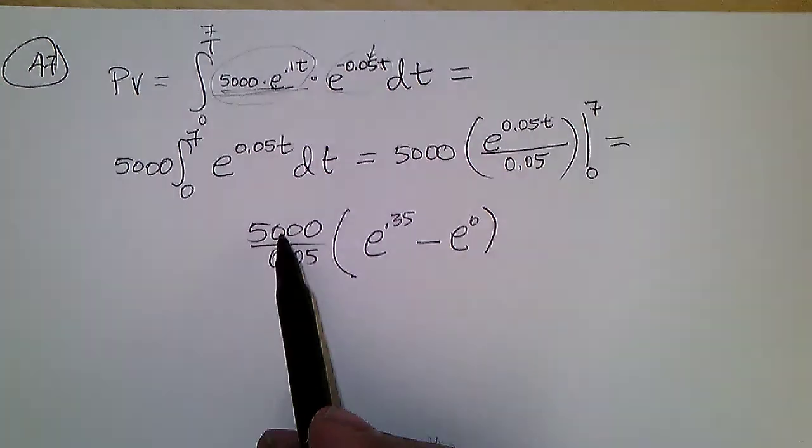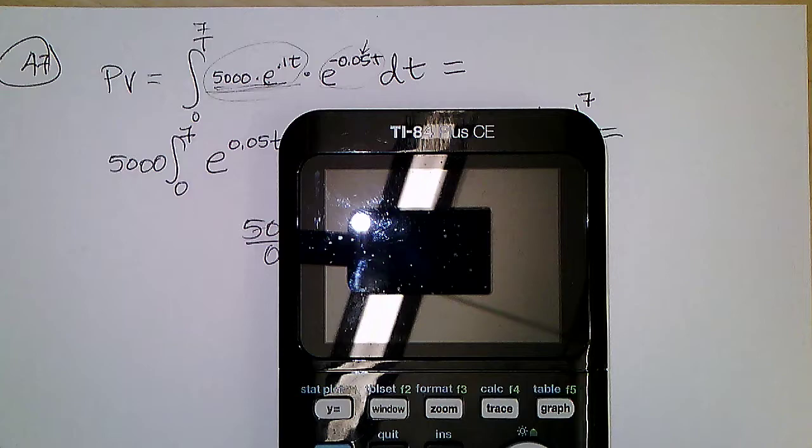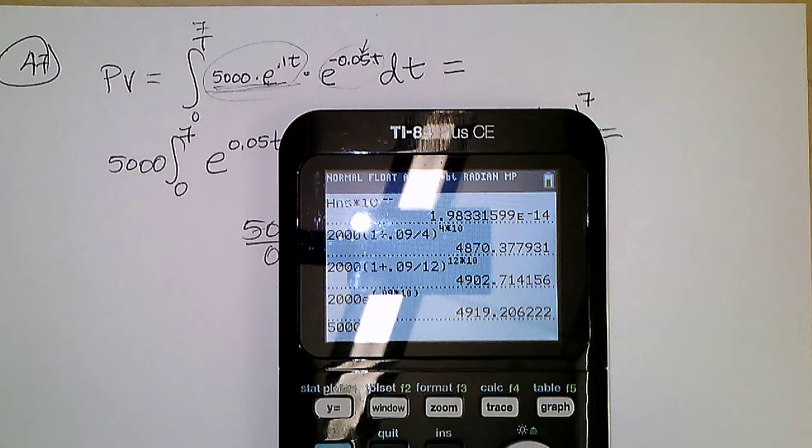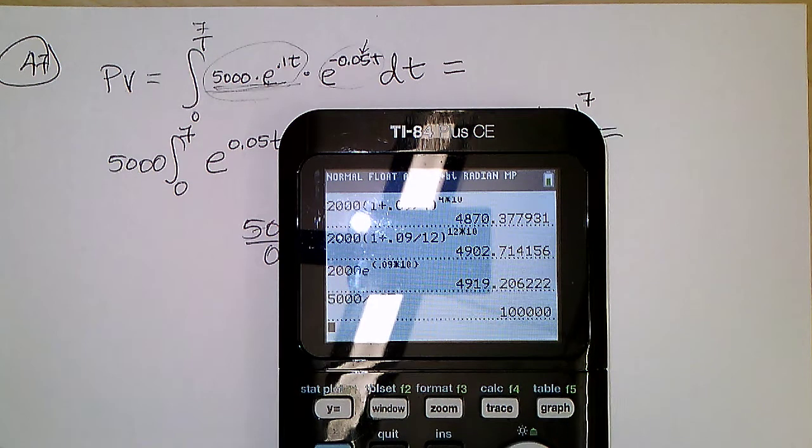And so 5,000 divided by 0.05 is, just so you can see it, 100,000.